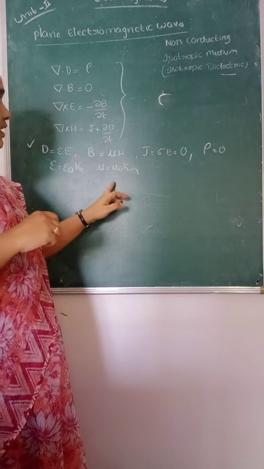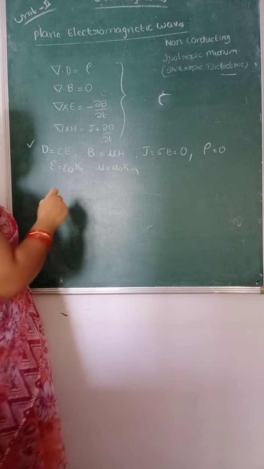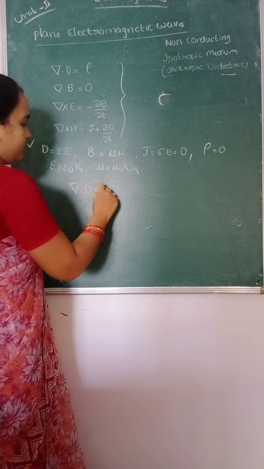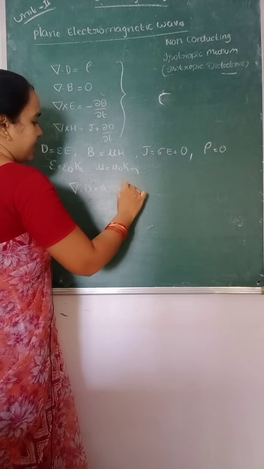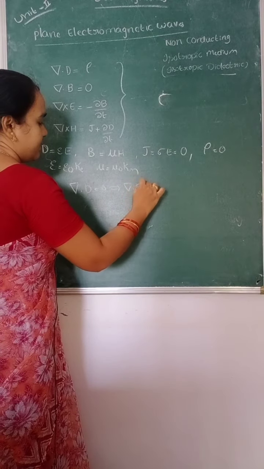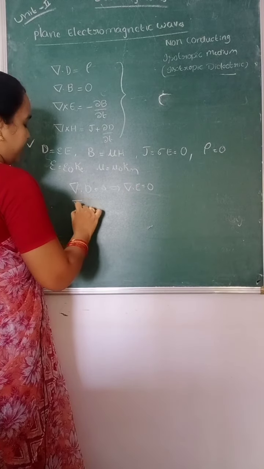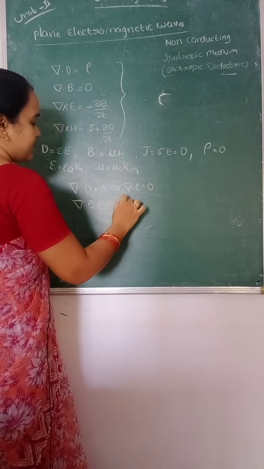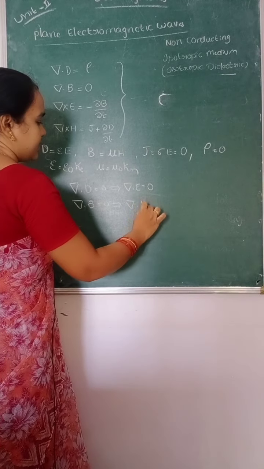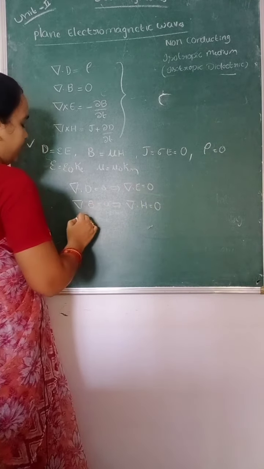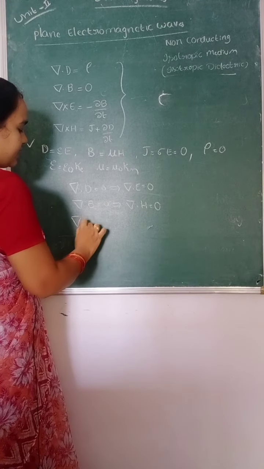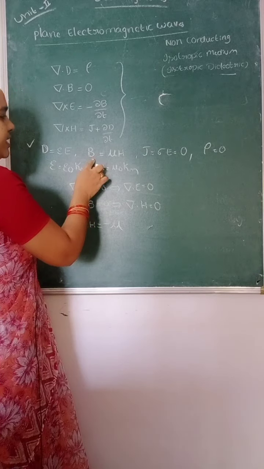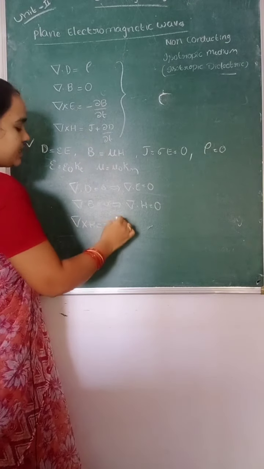By substituting these values in the above equations, we get del dot D is equal to 0, which implies del dot E is equal to 0, and del dot B is equal to 0 implies del dot H is equal to 0. Del cross E is equal to minus mu dou H by dou t, since B is equal to mu H and mu is constant.